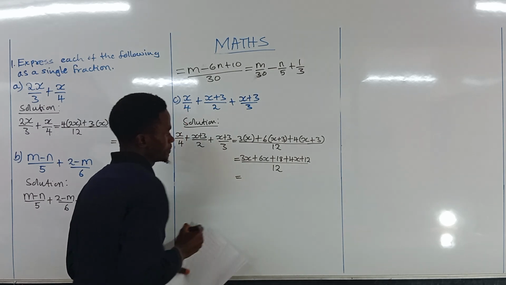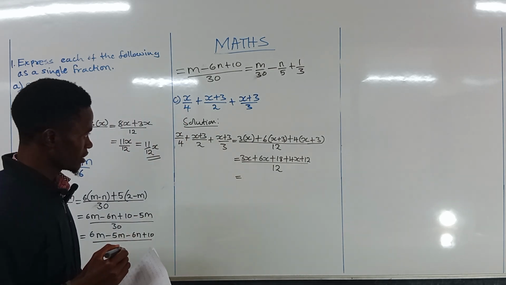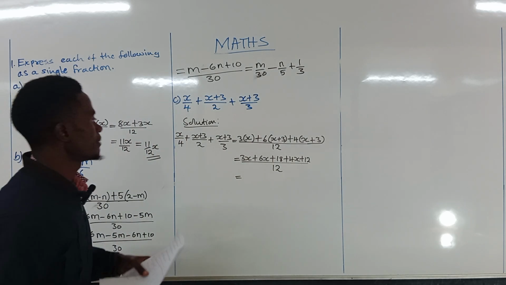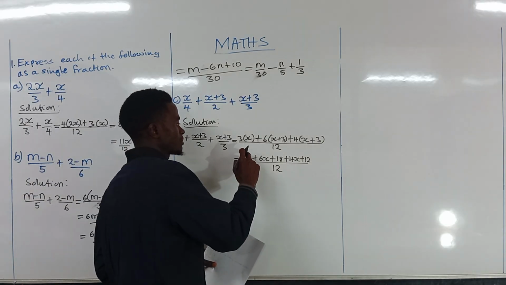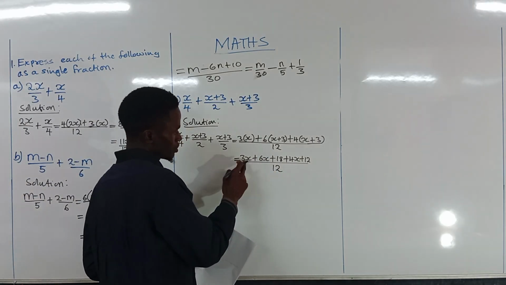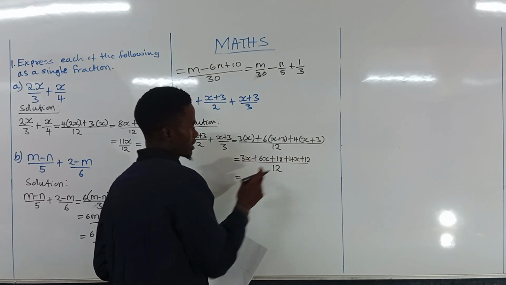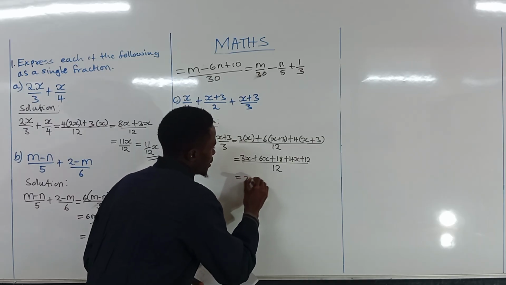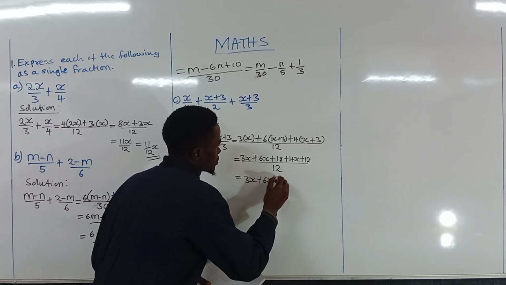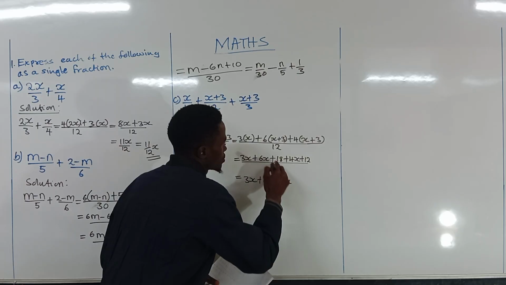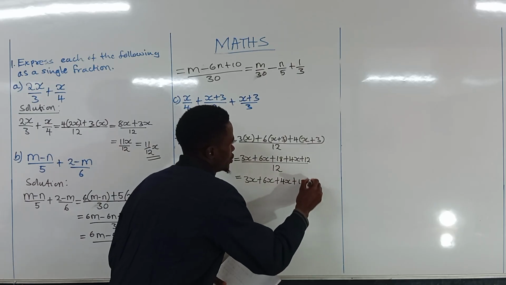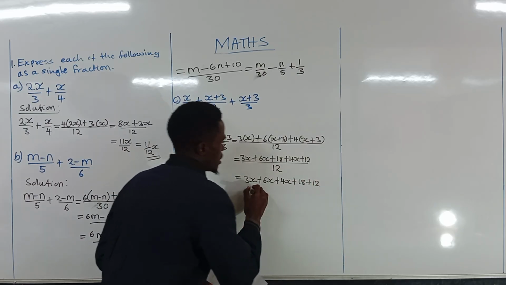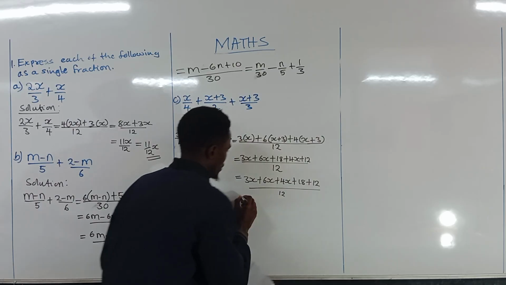Like terms are going to be put together, because we have an x, we have an x, we have an x here. So 3x plus 6x plus 4x plus 18 plus 12 out of 12.